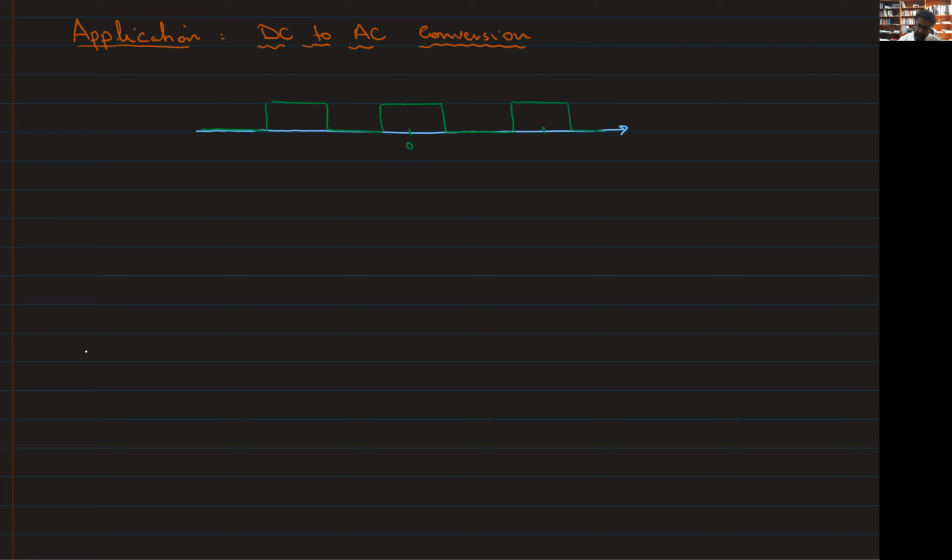So if this is zero, this is 1 upon 50, where this is time t. It's a duty cycle of 50%, and therefore this is 1 upon 100. So 50% of the time it's on, 50% of the time it's off. That is what is meant by a duty cycle of 50%.